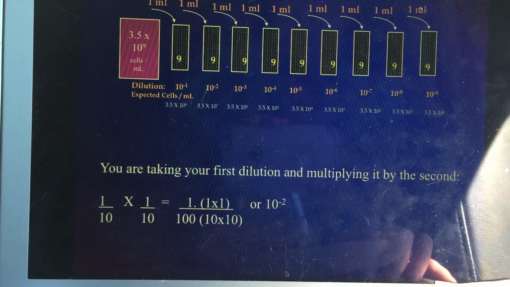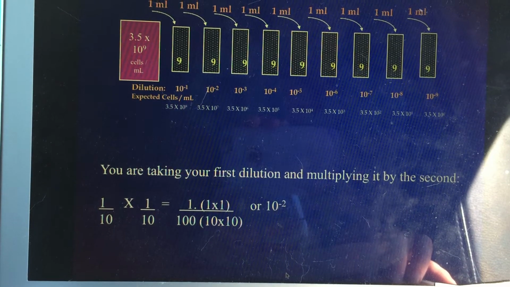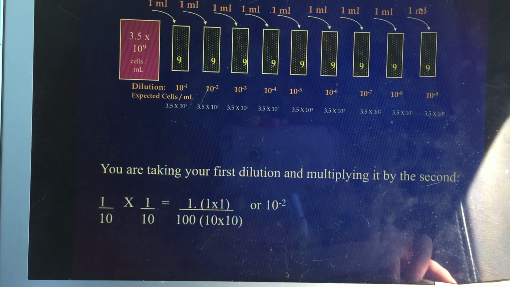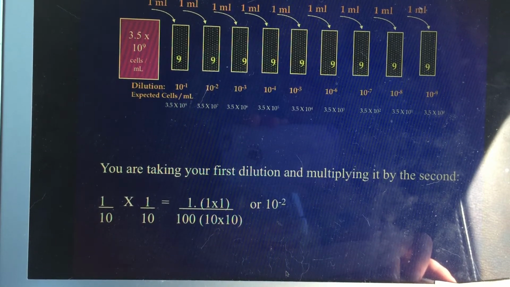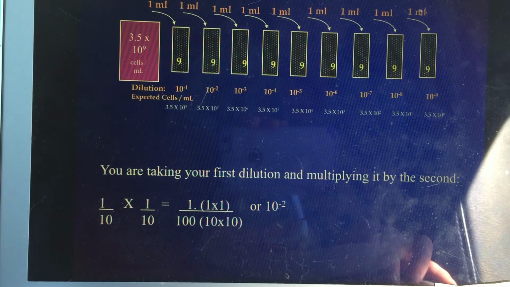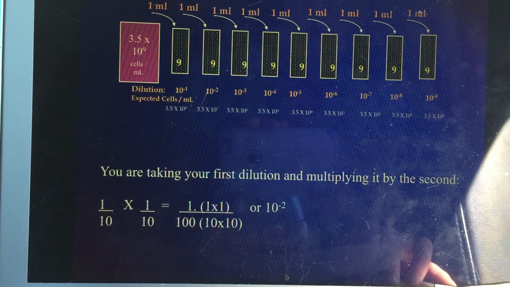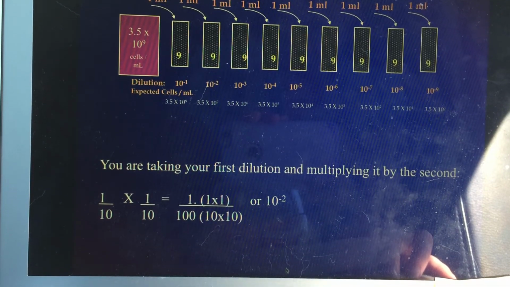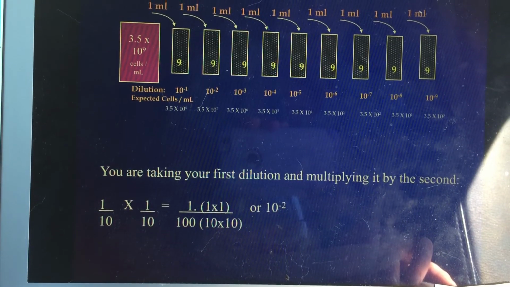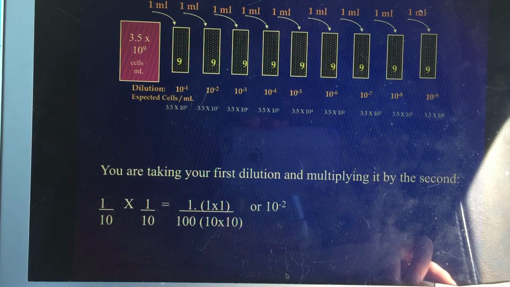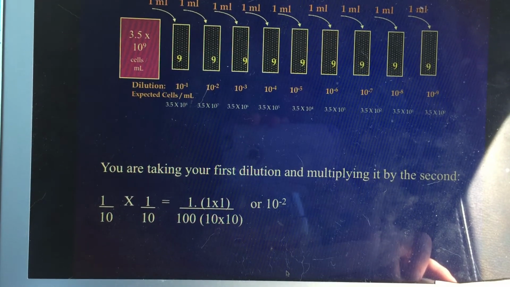So now our second tube is going to have a 1 in 100, or 10 to the minus 2 dilution. In our third tube, we're going to have 1 in 100 from our second tube that we're going to dilute another 10 times. So this is now going to become 10 to the minus 3, which is equivalent to a 1 in 1,000 dilution. So we're going to continue on, and these dilutions will compound and add to each other.